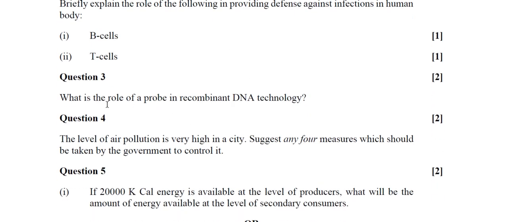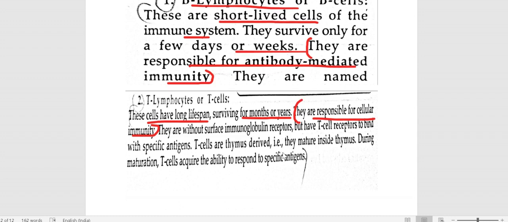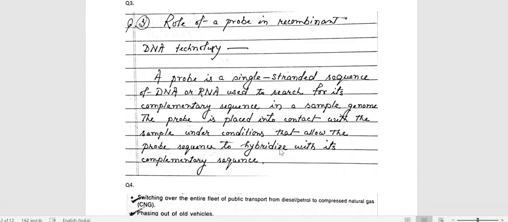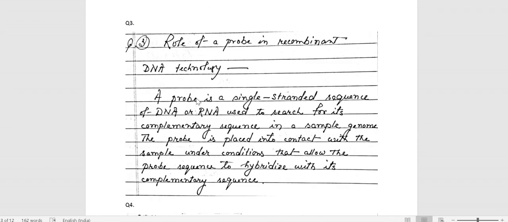Question number 3, what is the role of a probe in recombinant DNA technology? So I have written here, a probe is a single-stranded sequence of DNA or RNA used to search for its complementary sequence in a sample genome.